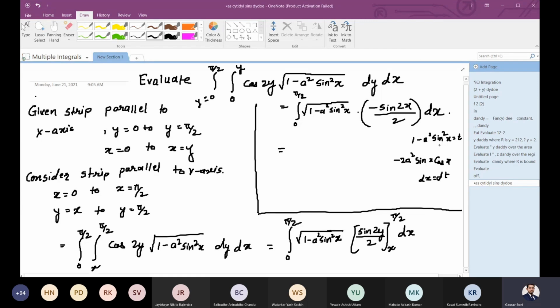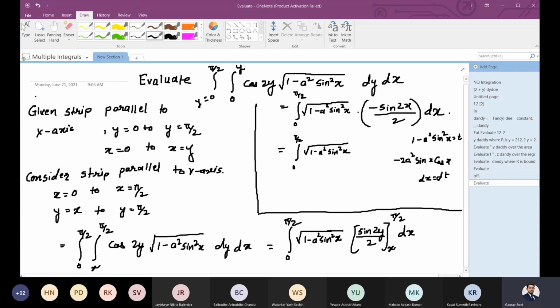So put it, so integration 0 to pi by 2 under root of 1 minus a square sin square x.